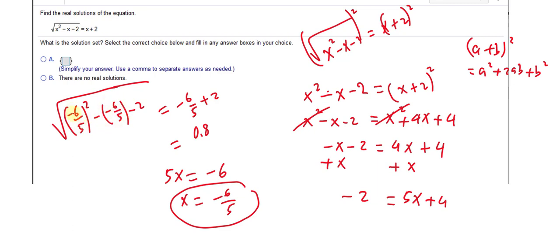Minus 6 over 5 squared is minus 6 over 5 multiplied by minus 6 over 5, and minus becomes plus, so you get 36 over 25 and you subtract that from 2, right? You subtract that from 2, and then we take the square root. That also gives me 0.8. So this is the correct answer, minus 6 over 5.